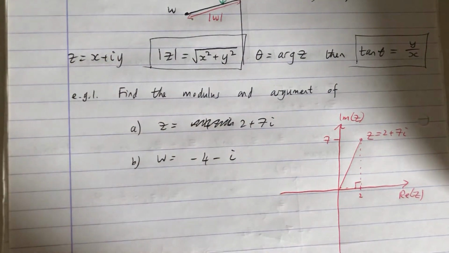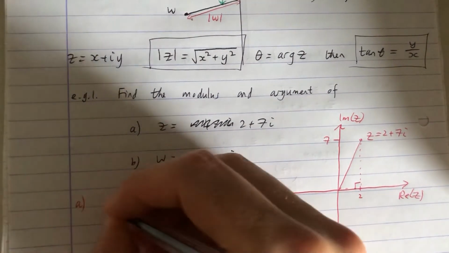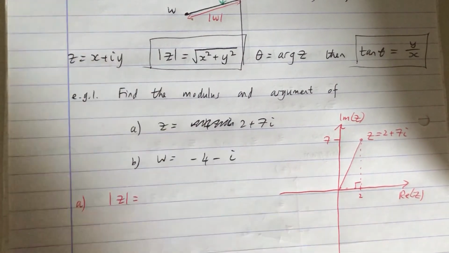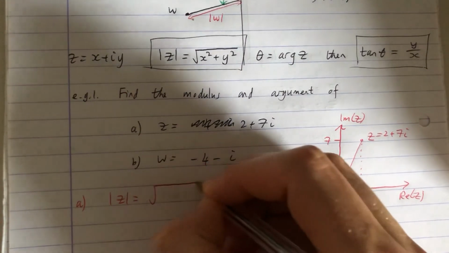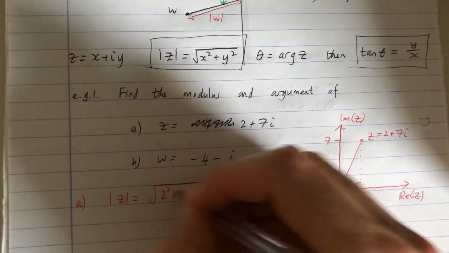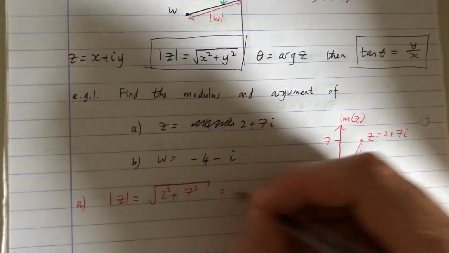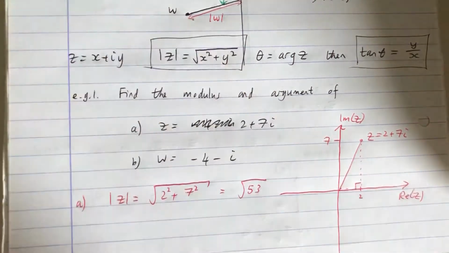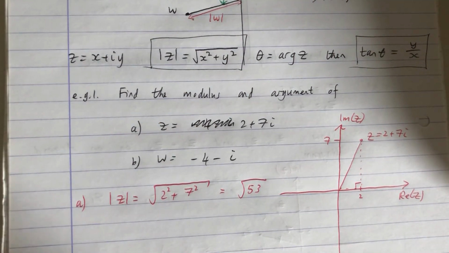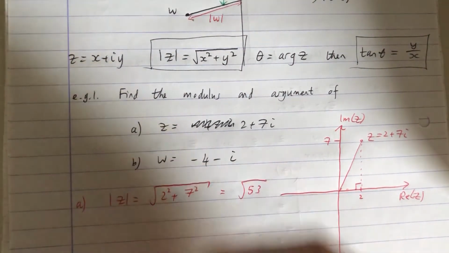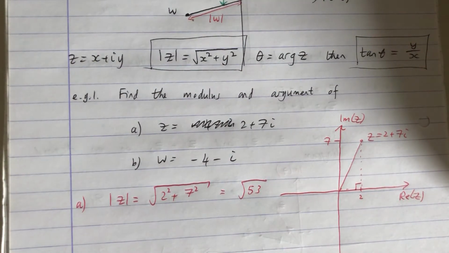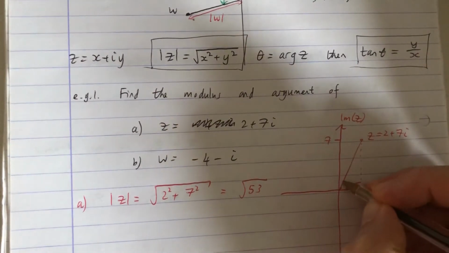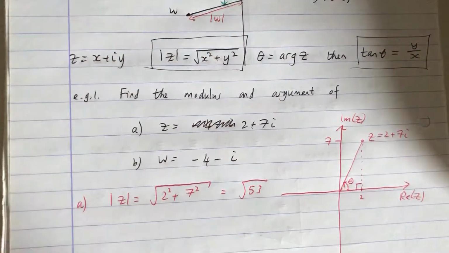So the modulus of Z is the square root of 2 squared plus 7 squared, which is root 53. And the argument of Z would be the angle made with the positive real axis, this angle here, which I'll call theta.